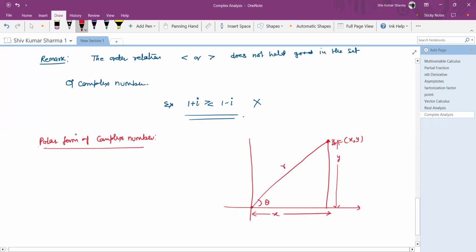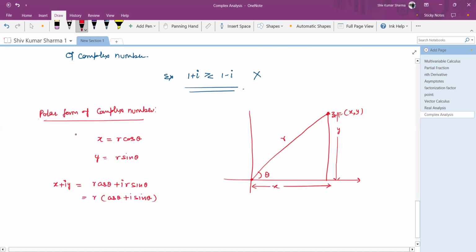So we write x is equal to r cos theta, and y is equal to r sin theta. Okay, so we know this from trigonometry. So when we write x plus iota y, this can be written as r cos theta plus iota r sin theta. So we take r as common, and we write cos theta plus iota sin theta.